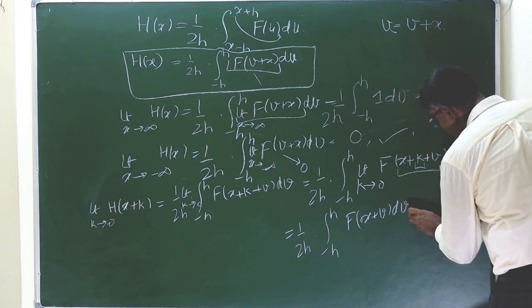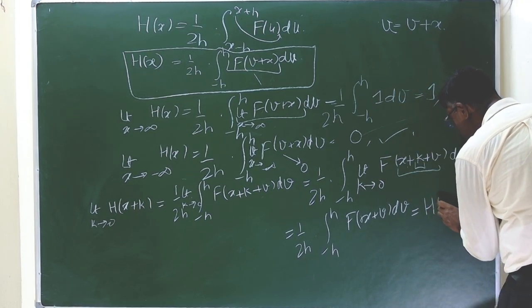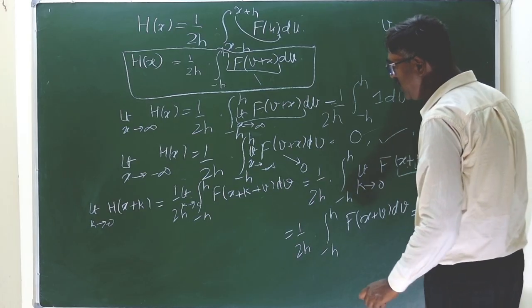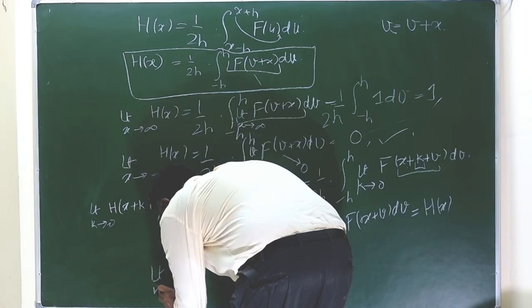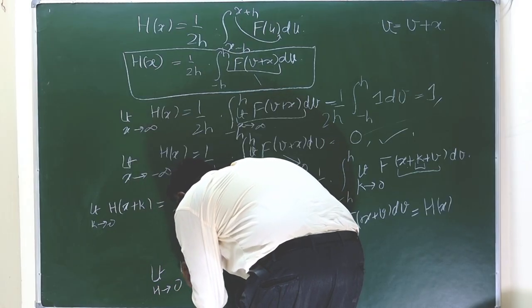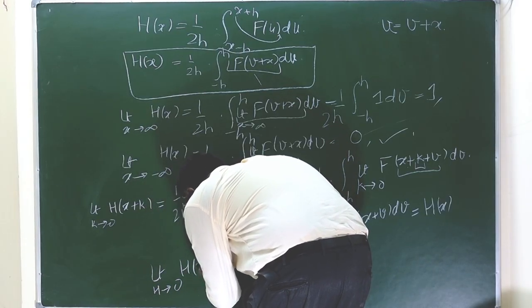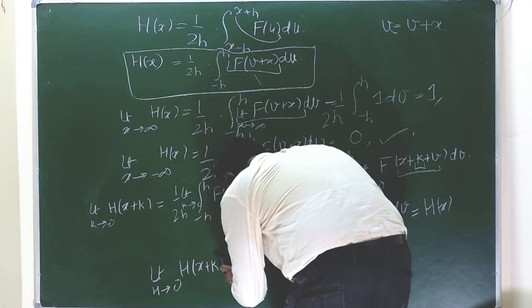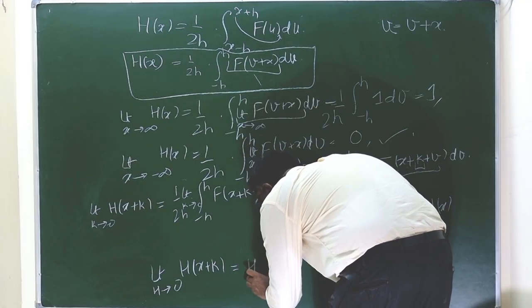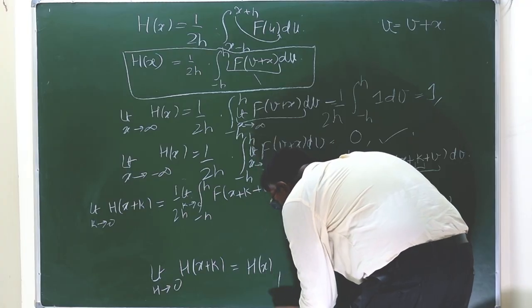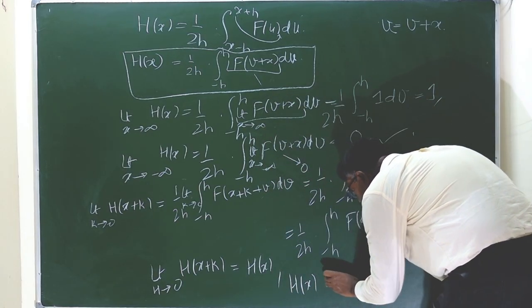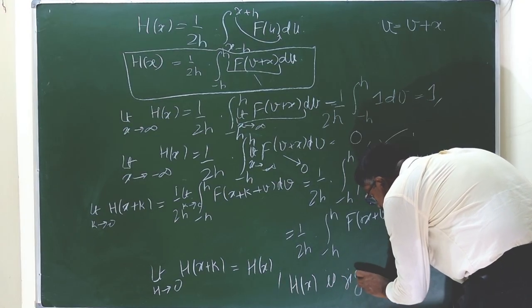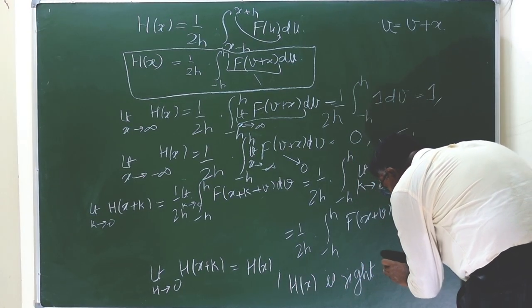So this is nothing but h(x) again. So we established that the limit k tends to 0 of h of x plus k is equal to h of x. So we established that h(x) is right continuous.